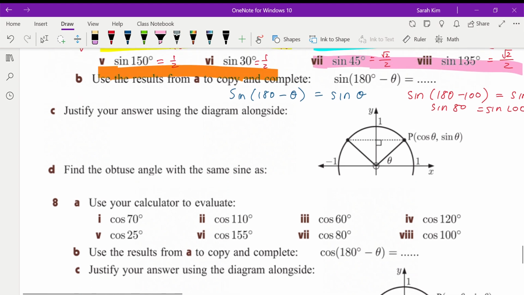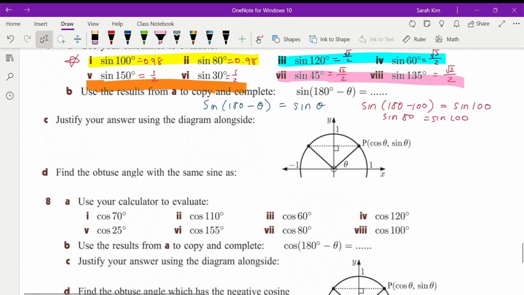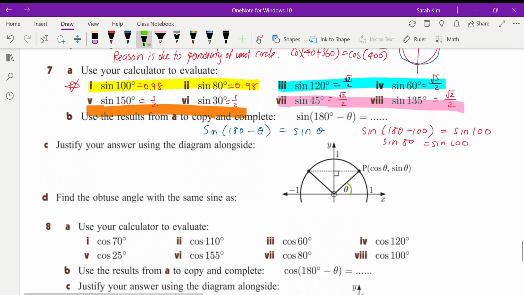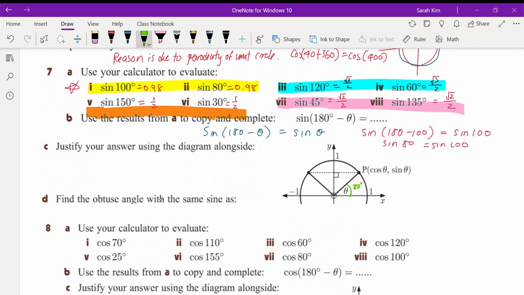Okay, moving on. Justify using your diagram alongside. Okay, let's have a look. Let's say I have this degree, theta. Let's call that 80 degrees, using that same example. So if I do 180 degrees take away 80 degrees, that is 100 degrees. Perfect. So as you can see, 80 degrees and 100 degrees add up to 180.